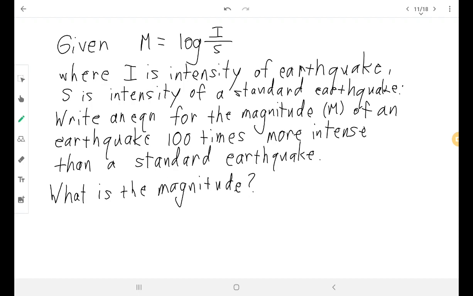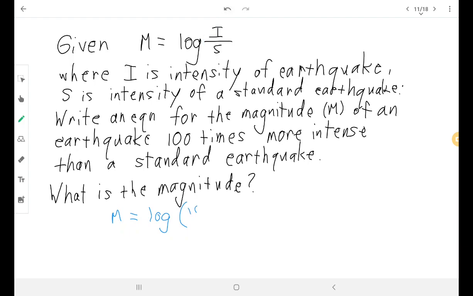So if we're doing this, then we have the magnitude equaling an earthquake 100 times more intense than a standard earthquake. A standard earthquake would just have these be the same.